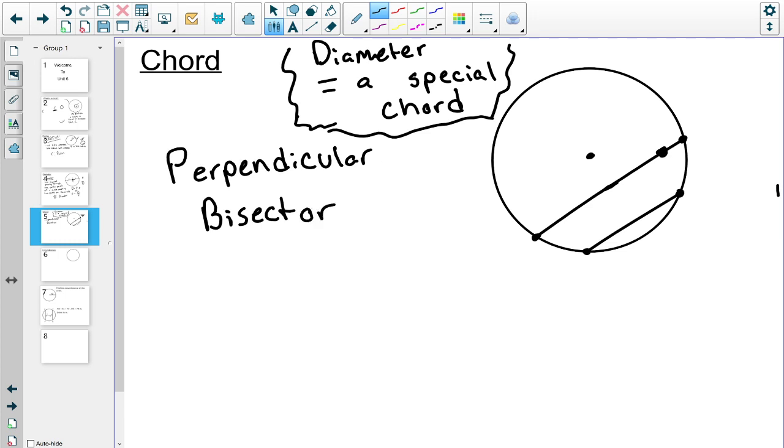So perpendicular means any two lines that meet at a 90-degree angle. For example, like that. We'll say that's a 90-degree angle. Those lines are perpendicular. And bisector, let's think of what sector means. Sector meaning to take things into sections, and bi meaning two.